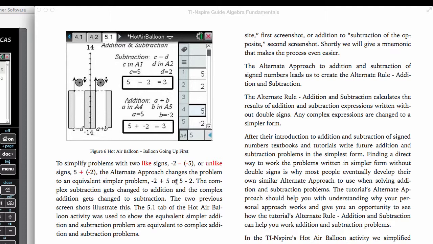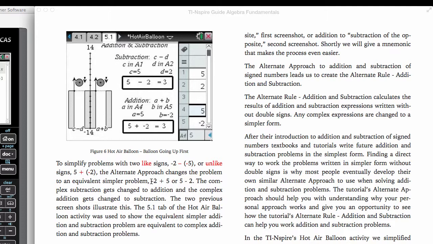This is going to turn out to be the same mnemonic that we use when we multiply and divide positive and negative numbers. Once we get it down to the simplified form, we can use another mnemonic of working these problems out as it relates to money.